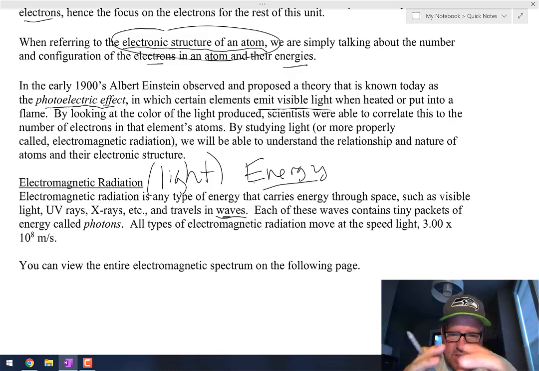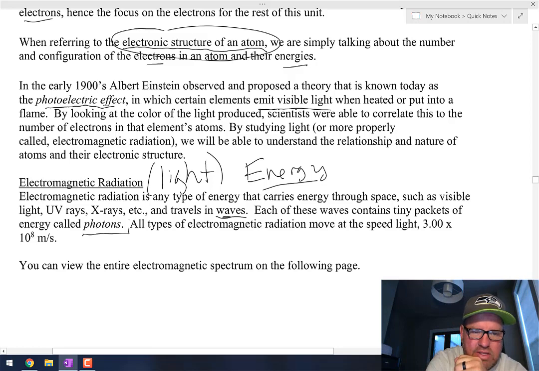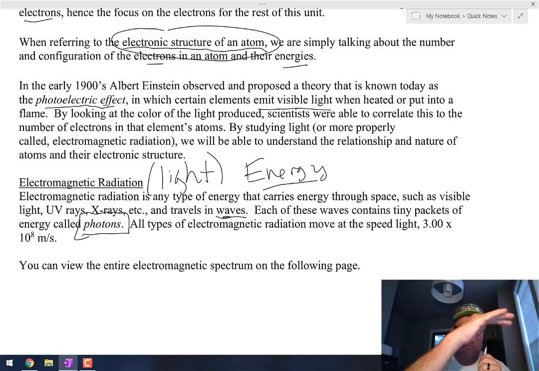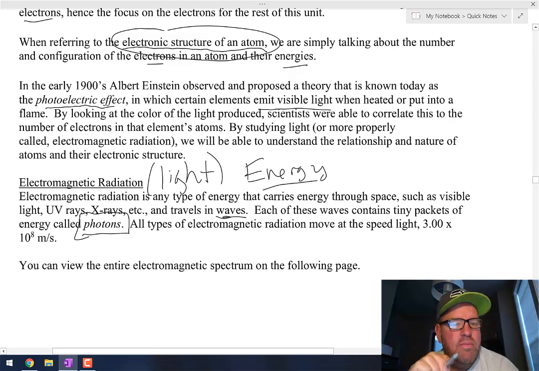The light fits into these little tiny packets of energy, and these packets are called photons. So I think of a photon as the light traveling through the air like this, up and down, and there are these little tiny compartments, almost like little train cars of energy that the light is packed into, and they're really, really small. Now, light moves, as we know, really, really fast.